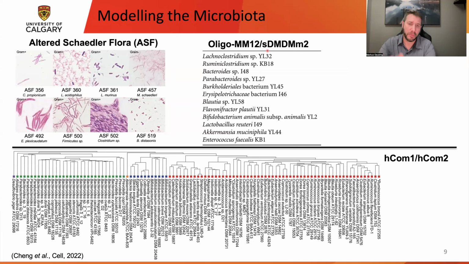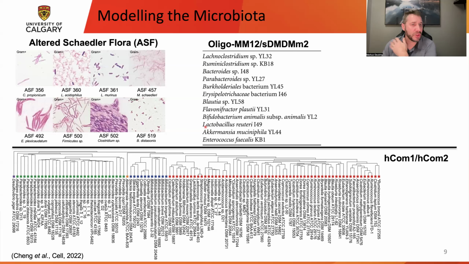That's just a composition of 12 commensal bacteria that mimics the phyla composition of the human microbiota. But many groups are now expanding and making those model microbiotas more and more complex, but still defined, just to cover more and more of the metabolic functions that are actually present in the human microbiome. And here the hCOM1 and hCOM2 shown below are just one example of this.